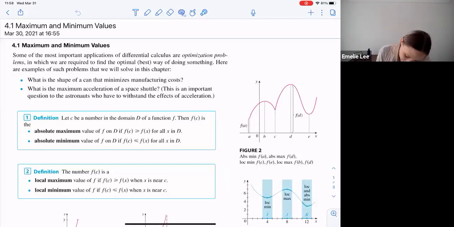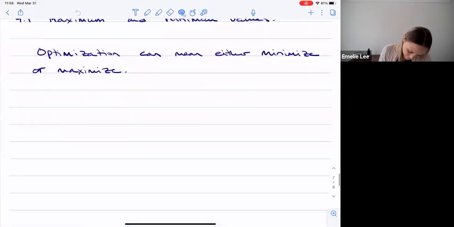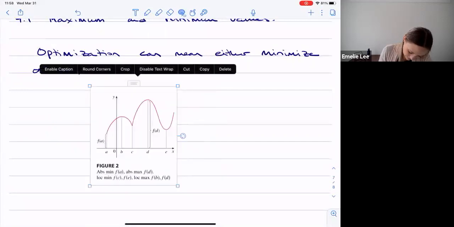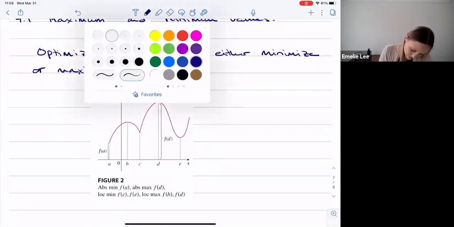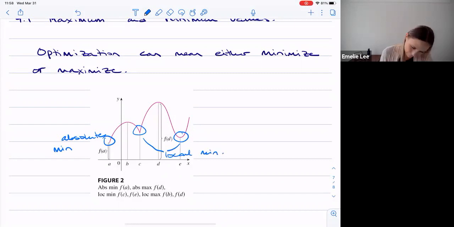So let me grab this graph here so I can just highlight what we just said. Here, this is an absolute minimum, but these are also minimums, so these are local minimums. Which I guess it says in the caption, but still.